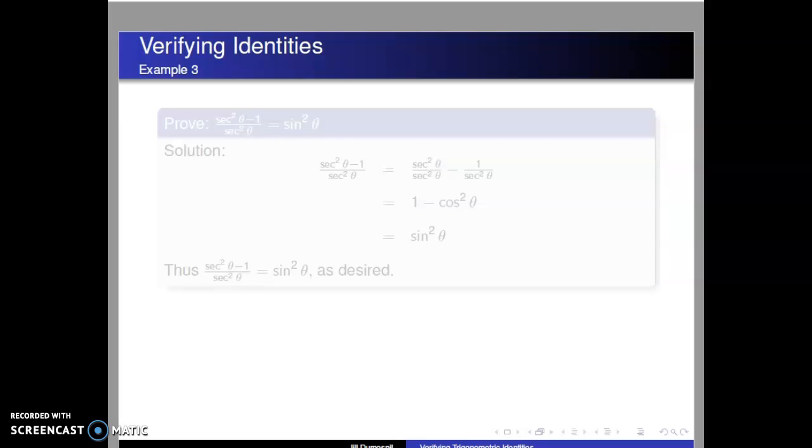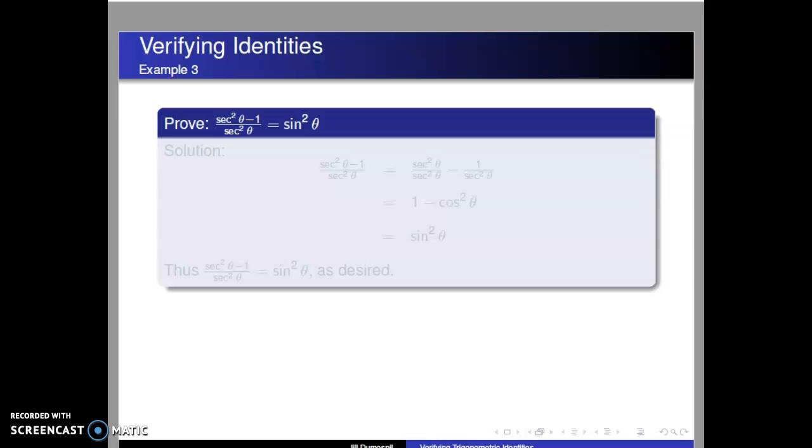Let's now consider a problem with a couple of different avenues for attack. Let's prove that the quotient secant squared theta minus 1 over secant squared theta is equal to sine squared theta. Some people would immediately jump in and change everything to sines and cosines, but there are better alternatives if we think a minute. The more complicated expression is on the left-hand side of the equation.